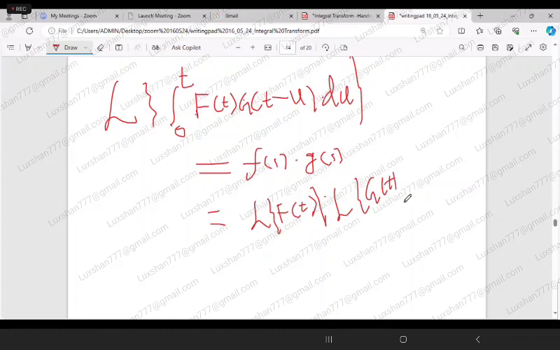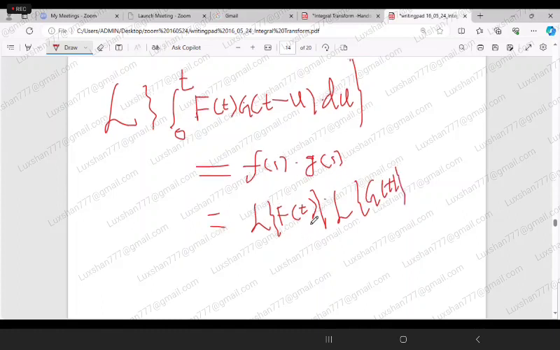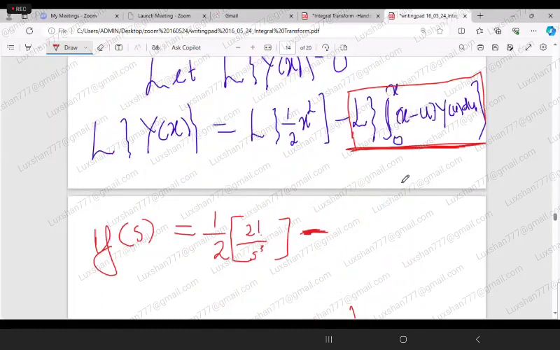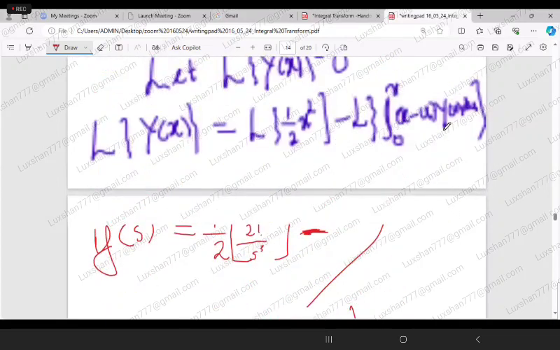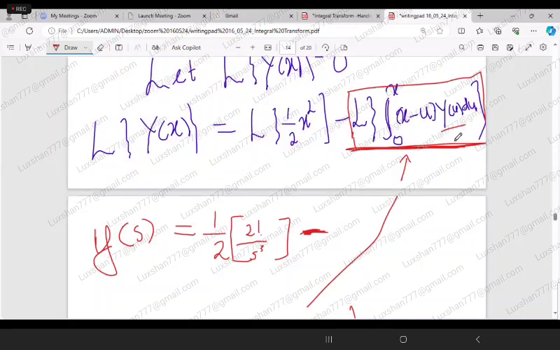So now if you understand this, and you just compare this with this equation, what you can do is take this as your F(t) and take this as your G(t − u).